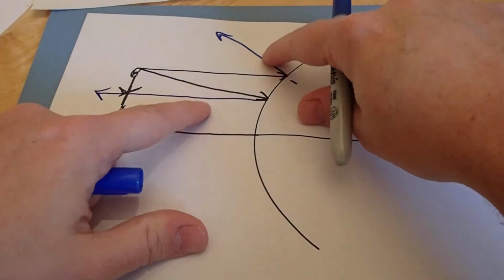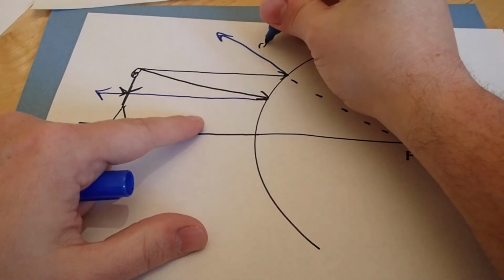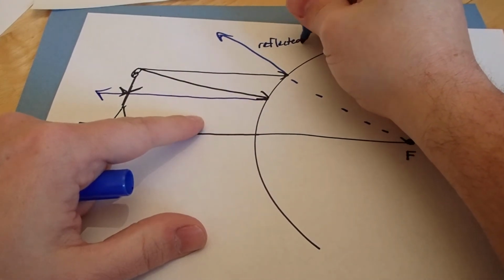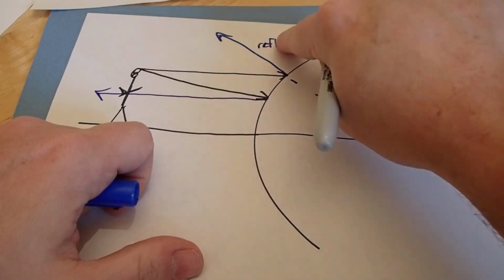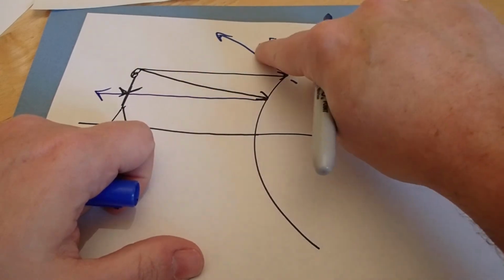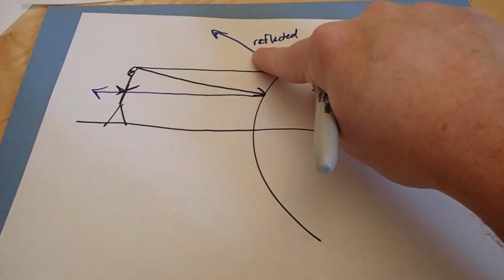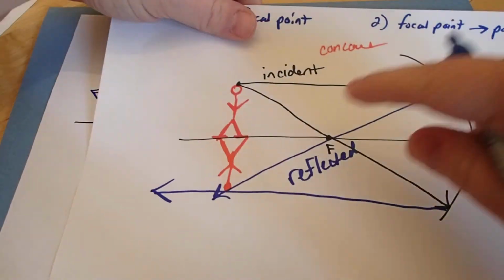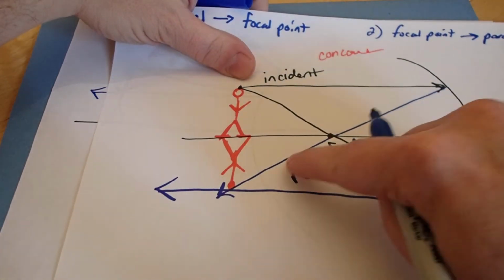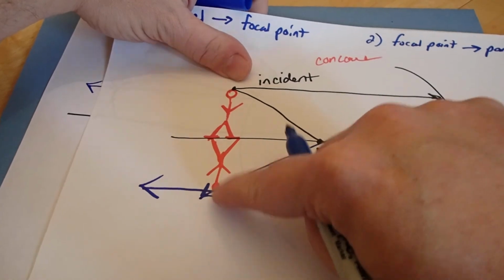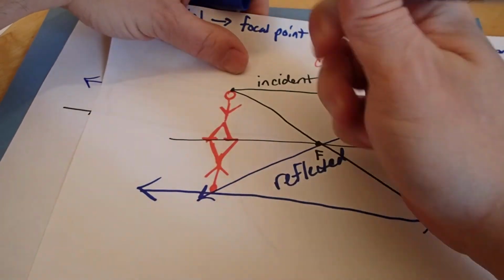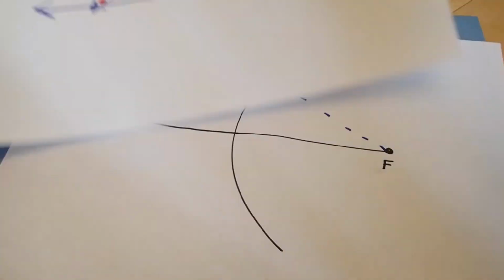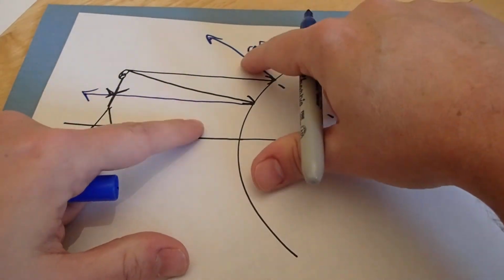Now you notice these two reflected waves, these are the reflected waves, and I said the image is where the reflected waves cross. They never cross out here, right? Not in reality. So this is not a real image. This is a real image because the light waves really bounced off the mirror and intersected right here. That's a real image. This is real. Okay? They're never crossing over here, so this is not real.